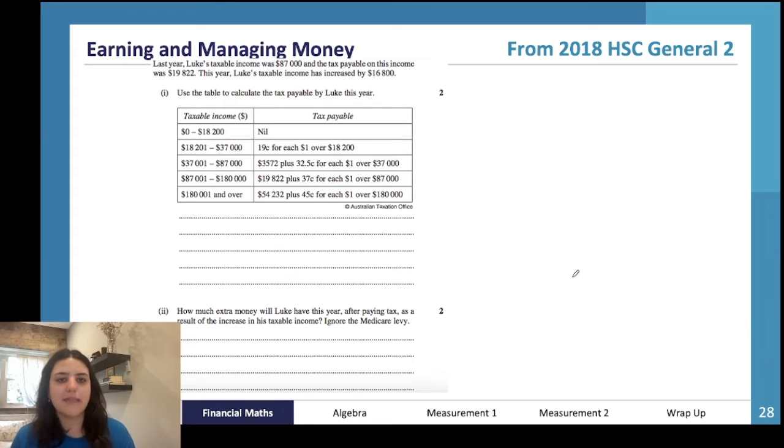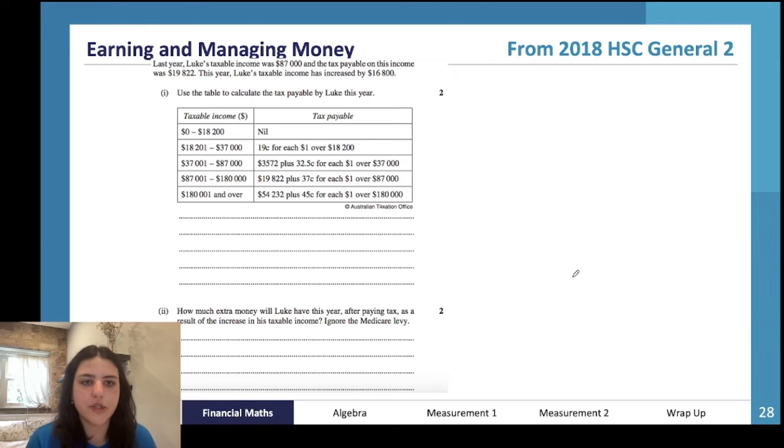Okay, here's another one of our questions. Last year, Luke's taxable income was $87,000 and the tax payable on this income was $19,822. This year, Luke's taxable income has increased by $16,800. Use the table to calculate the tax payable by Luke this year.